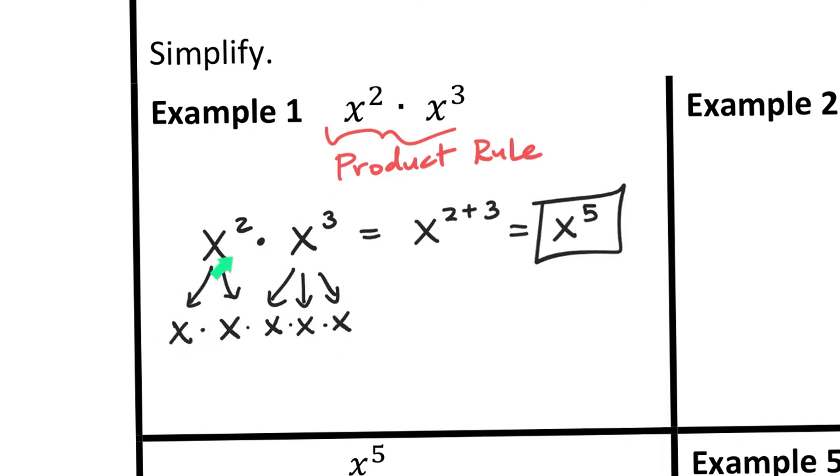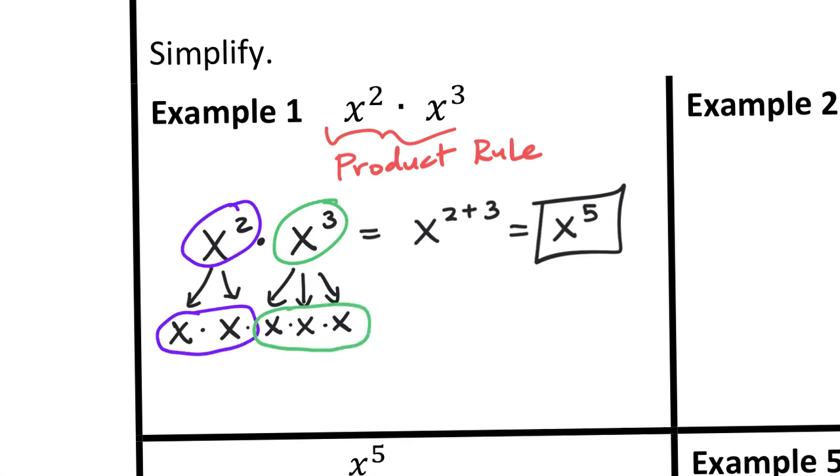So you have x squared, which is made up of x times x, and then you have x to the third, which is made up of x times x times x. And so how many x's do we have, right? 1, 2, 3, 4, 5. So that's why we get x to the fifth power. We break it up that way.